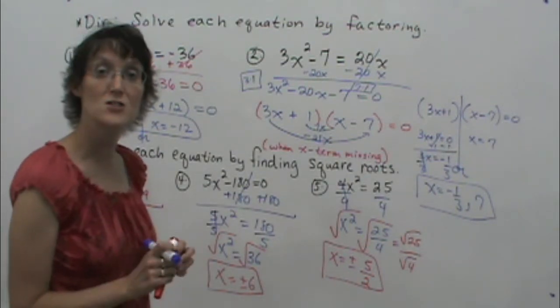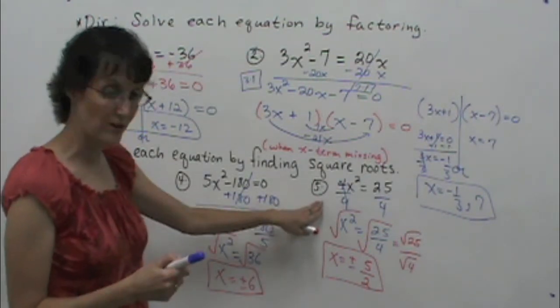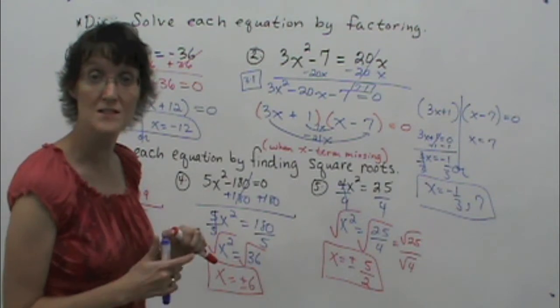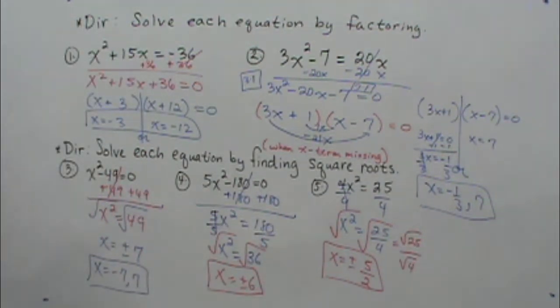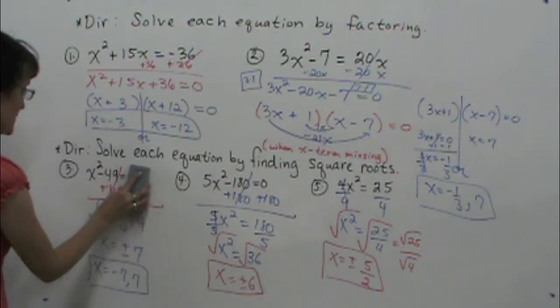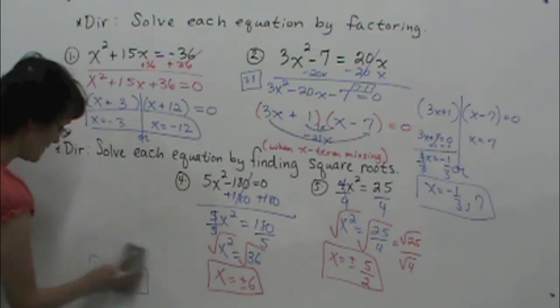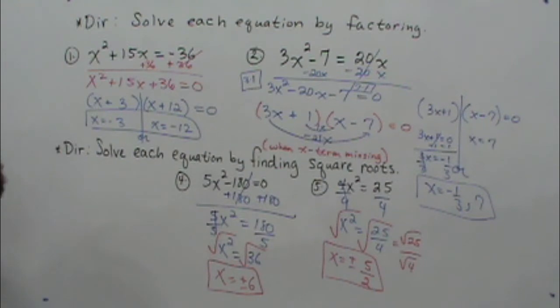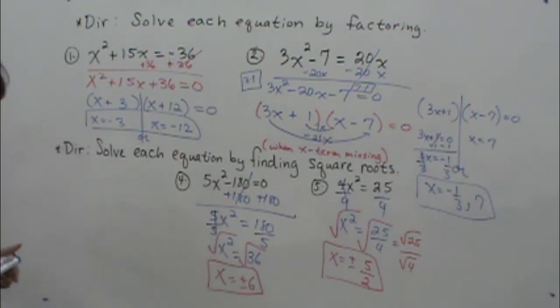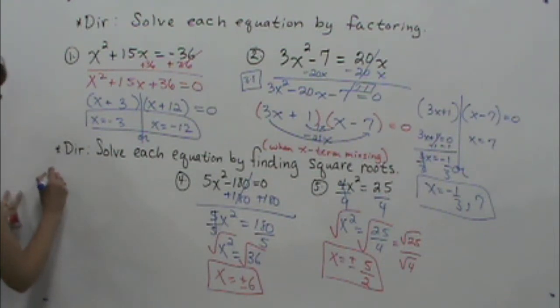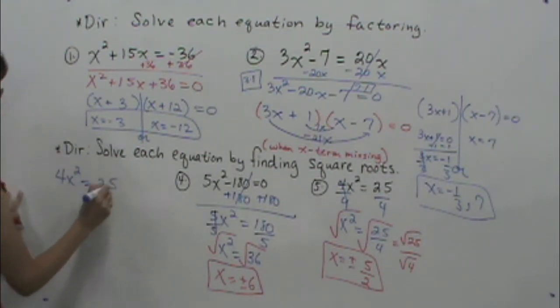Okay? So then to show that with factoring, to see how it actually works out, I think I'll erase this one right here and I will do the factoring here, okay? All right, so I'm going to erase that one and I'm going to do this with the factoring just so that you can see that you get the same answer. So 4x squared equals 25.